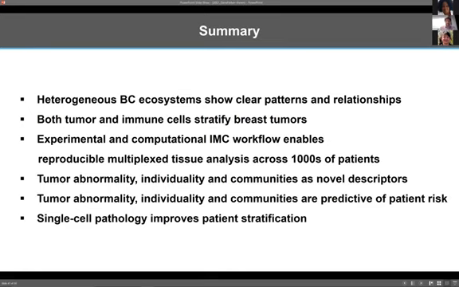The experimental and computational imaging mass cytometry workflow enables reproducible multiplex tissue image analysis across thousands of patients. We introduce tumor abnormality and individuality in those communities as novel descriptors of these tumors, and those are predictive of patient risk. And ultimately, the single cell pathology improves patient stratification.